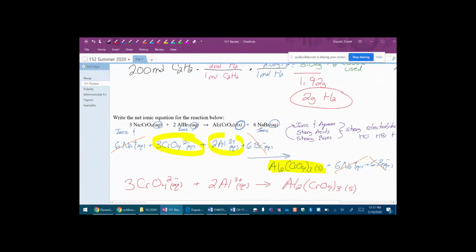And there's your net ionic equation. So ionic and aqueous, strong acids, strong bases. And the strong bases are the group 1 and 2 hydroxides. I think when we get to chapter 15, we add to the definitions, but right now that's where we're at. Okay.